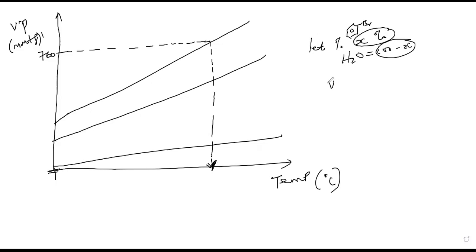Then from the graph, you can get the vapor pressures of each. You get the vapor pressure of bromobenzene, which you read off from here. Remember to label your curves. If this is the vapor pressure of bromobenzene, you write it there. If this is for water, you write it there. If this is for the mixture, you write it there.